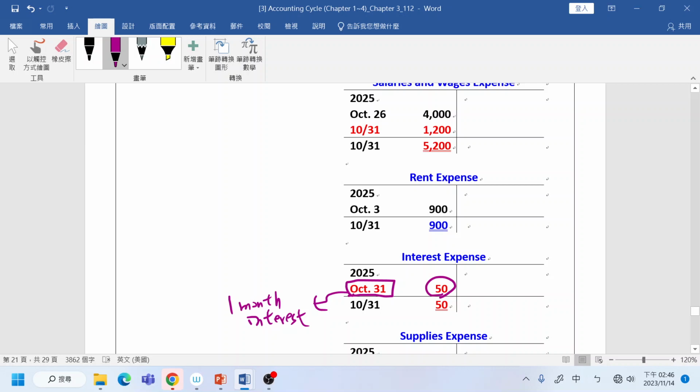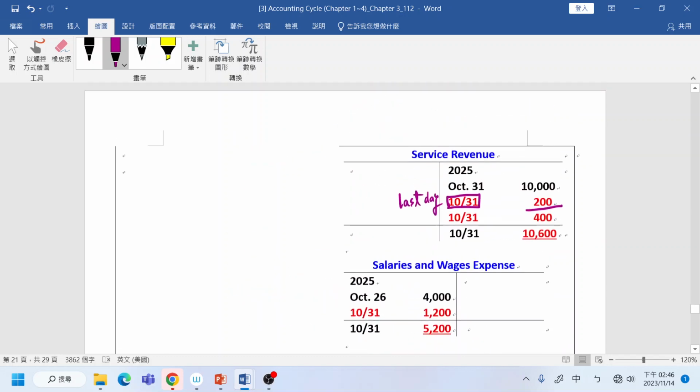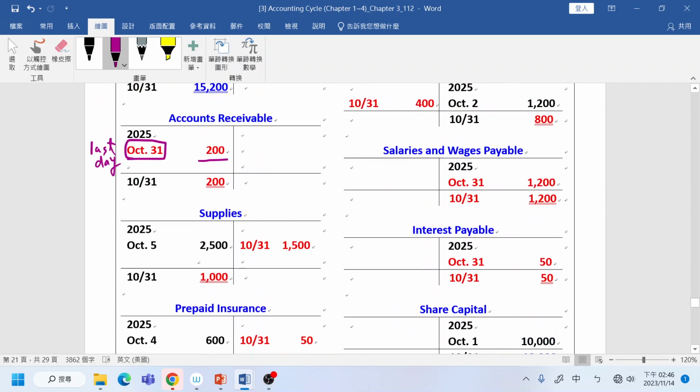Not yet. So your credit, go to page 25. Did you find it? On the last day, we owed 1 month interest. So that's for your transaction 2.